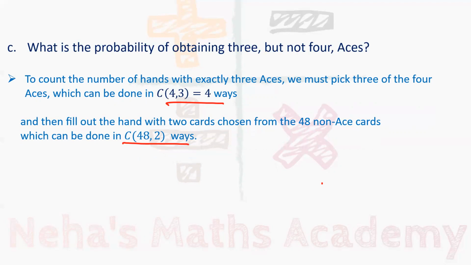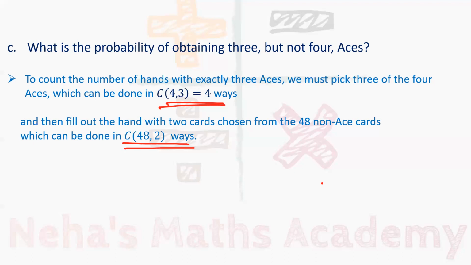I repeat, we want a maximum of 3 aces, meaning we want 3 aces only, not 4 aces. So we can select 3 aces from 4 aces in C(4,3) ways. And as we want a 5 card hand, the remaining 2 cards can be chosen from the remaining 48 non-ace cards in C(48,2) ways.